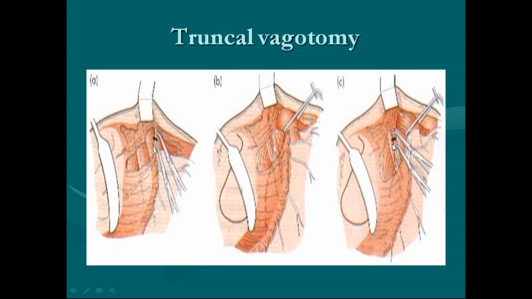In all these surgeries, you will resect a bit of the vagus nerve and send for histopathology to confirm post-operatively that what you have taken is confirmedly a nerve. Is it a nerve bit or some muscle fiber or something you have taken out? So each and every time when you do a vagotomy, you send the specimen for histopathological examination to make sure that it is the vagus nerve that you have ligated or resected.